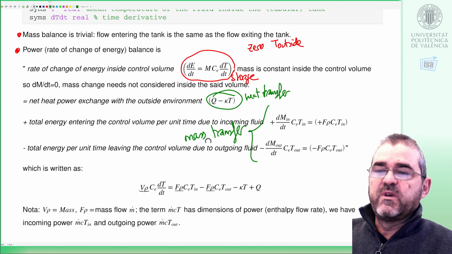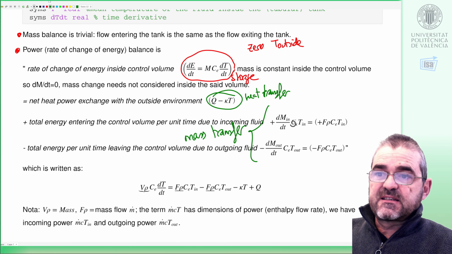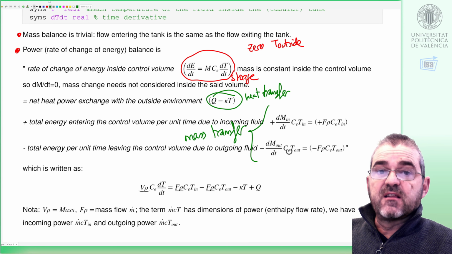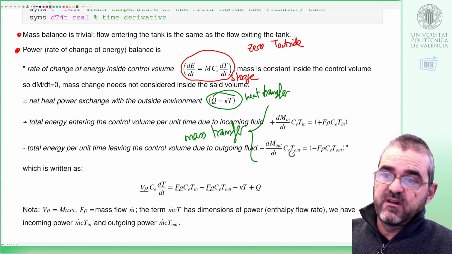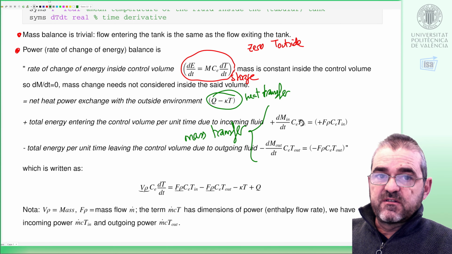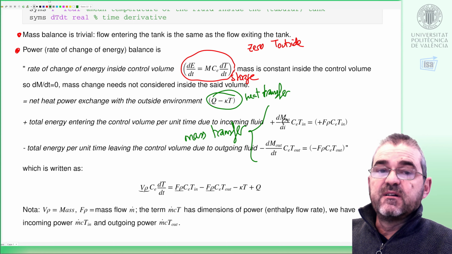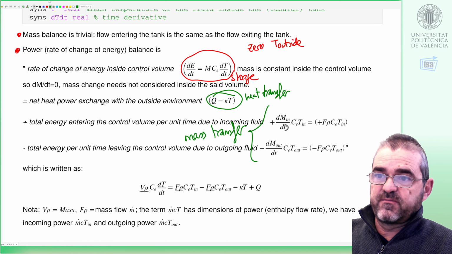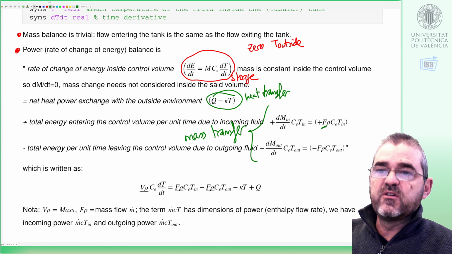And then we have mass transfer, mass entering the control volume, the tank, with a given energy, and mass exiting the volume with a given energy as well. Now the inlet temperature is fixed, and we have some kilograms per second of mass entering, which is the volumetric flow times density.